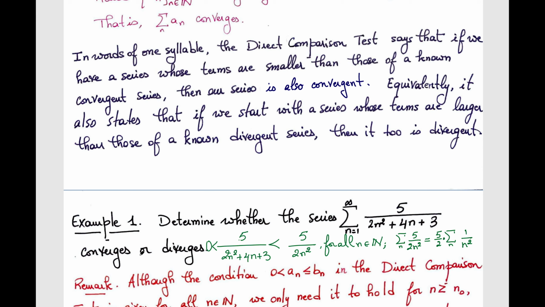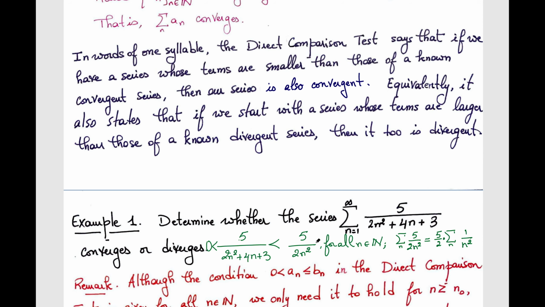Okay. So I'll let you complete the details, but I gave you the main ingredients. One more time, we were given this series. We were able to find another series, namely this one, whose terms are dominating the terms of the given one. And the series whose terms are 5 over 2n squared is a convergent series because it's a constant multiple of a series which is convergent, a p series with p equals 2.